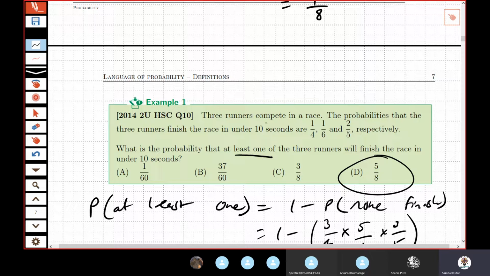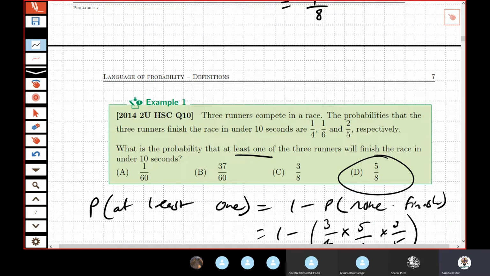So there are 3 runners competing in a race. The probabilities that the 3 runners will finish the race under 10 seconds are a quarter, a sixth, and 2/5 respectively. What is the probability that at least one of the 3 runners will finish the race? Remember the "at least", so probability of at least one is equal to 1 minus the probability of none finishing the race.